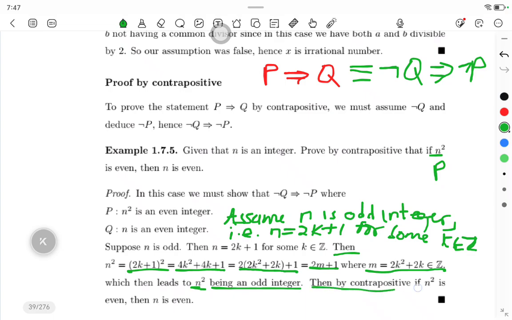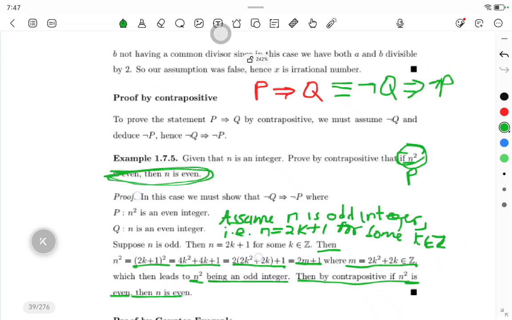And then by contrapositive, we say that if n squared is even, then n is even. You just copy this statement and paste it after saying by contrapositive. Do we see that?